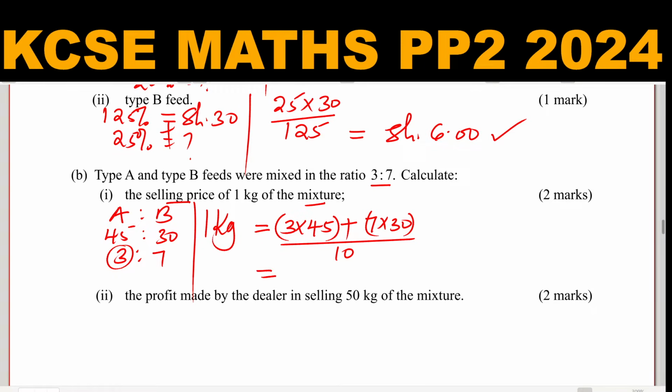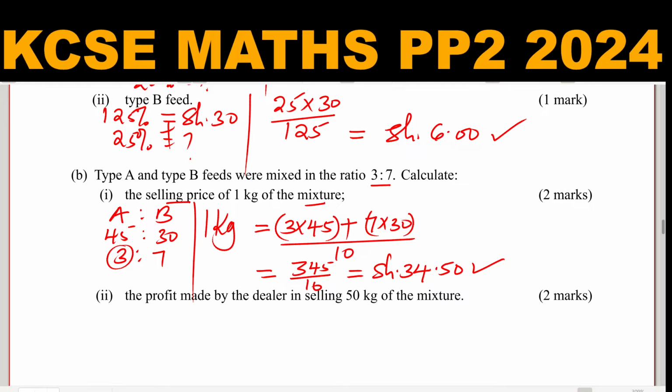Working it out using a calculator, 3 times 45 plus 7 times 30 gives 345, divided by 10, and this gives 34 shillings and 50 cents.